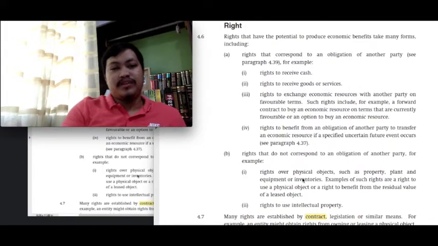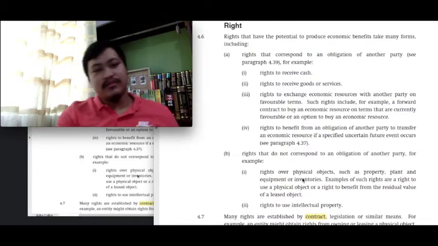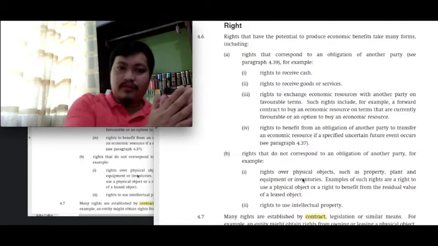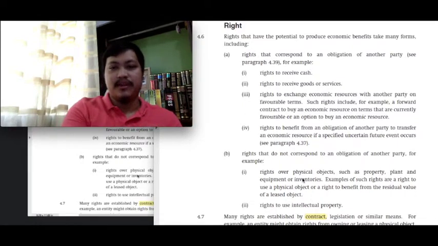Because they can be a subject of ownership, they can be subject of control, they can be subject of appropriation. Then these items can be treated as an asset. So basically, assets are equal to rights. But of course, the other requirements must also be present.